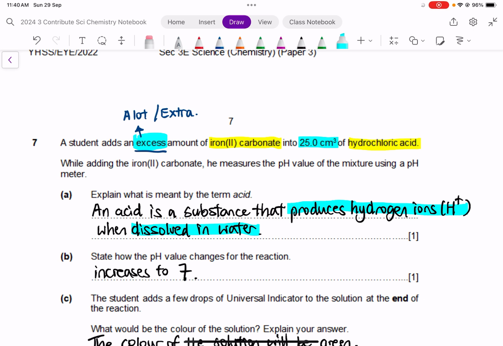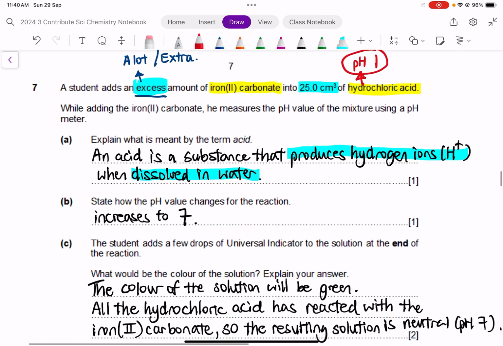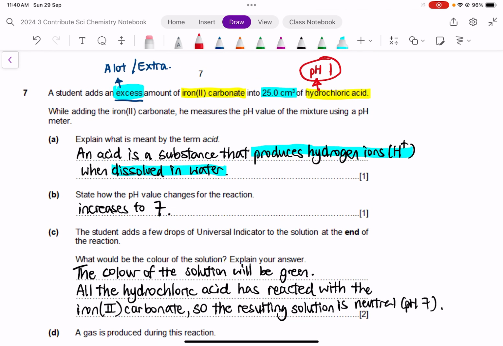As the acid is being reacted away with iron 2 carbonate, there's less and less acid. If there's less and less acid, the pH should increase. If you recall, hydrochloric acid has a pH of 1. Therefore, as the hydrochloric acid is reacted away, the pH should go up, increase towards 7, because as the hydrochloric acid reacts away, it produces iron 2 chloride solution.